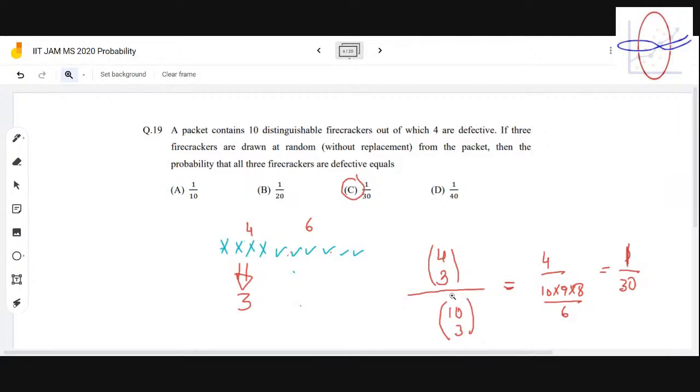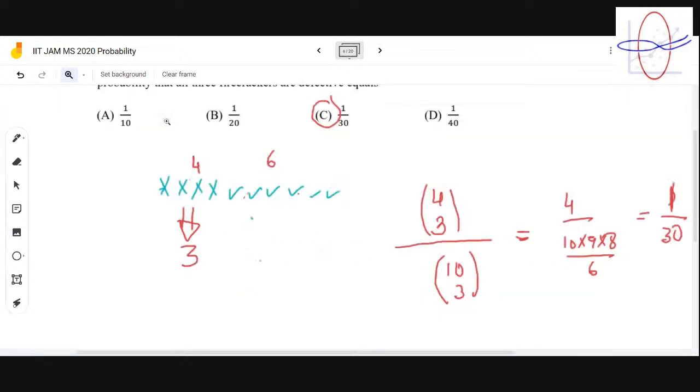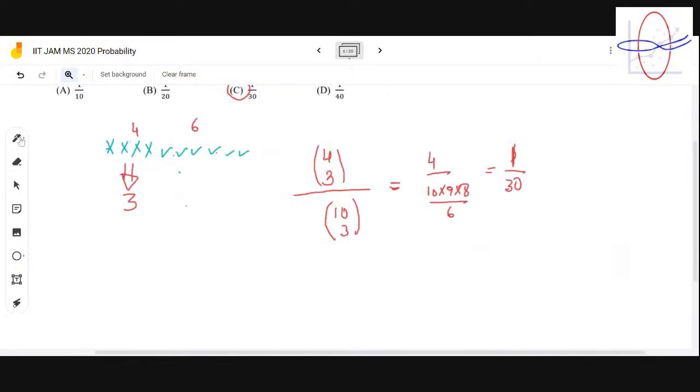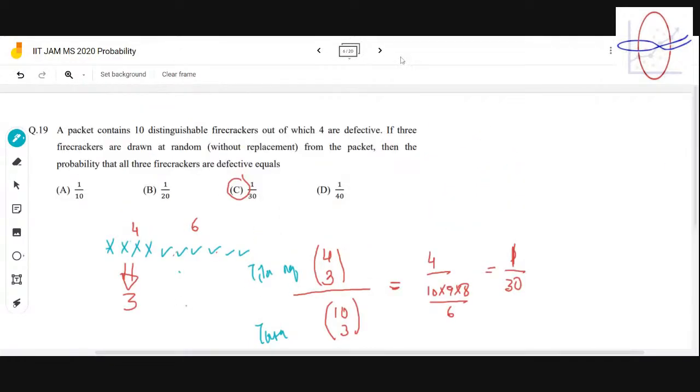And the total number of ways you can take out any 3 firecrackers is 10 choose 3. Just divide and you get 1/30. Very simple: total number of required cases over total number of possible cases. Just basic combinatorics, guys, nothing really huge.